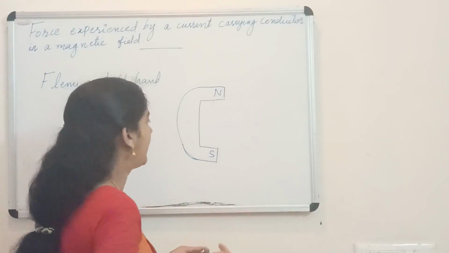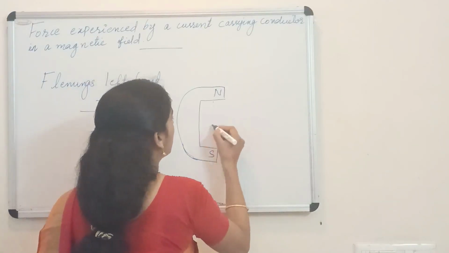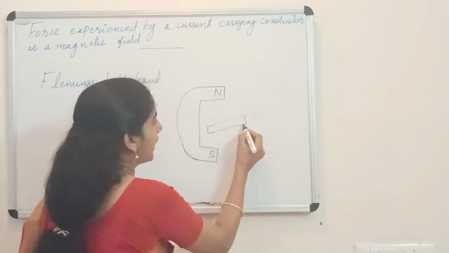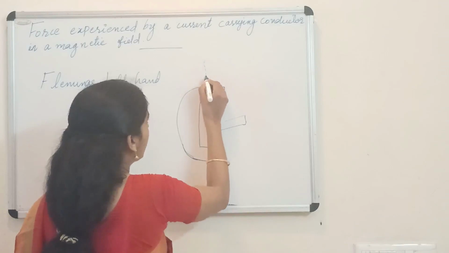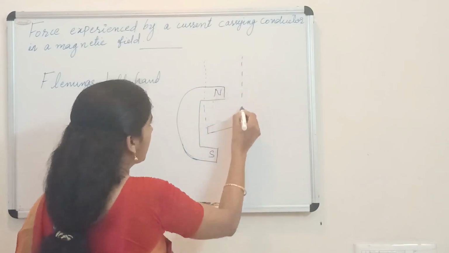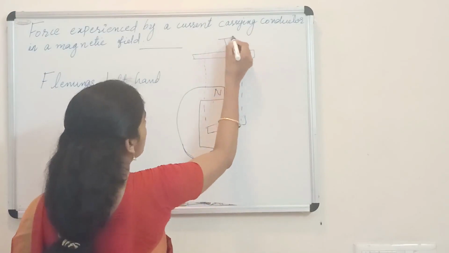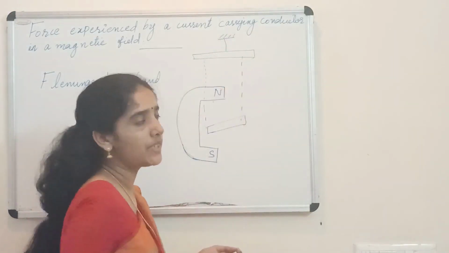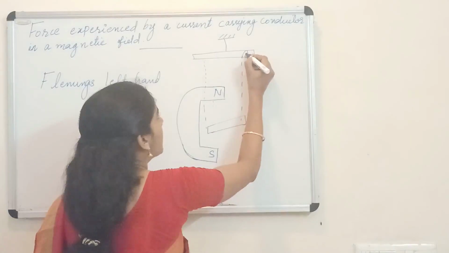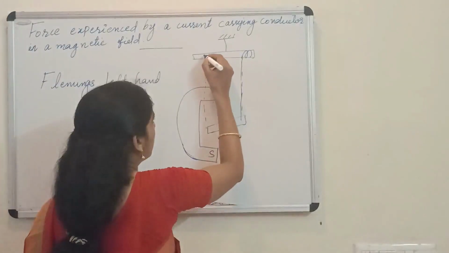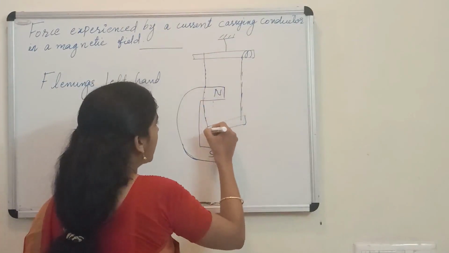So let me show a current carrying conductor here. Here comes the current carrying conductor. So here we assume it is suspended like this. Imagine it is suspended from a rigid support, and these are the wires. You assume these as connection wires for giving the supply to the conductor.